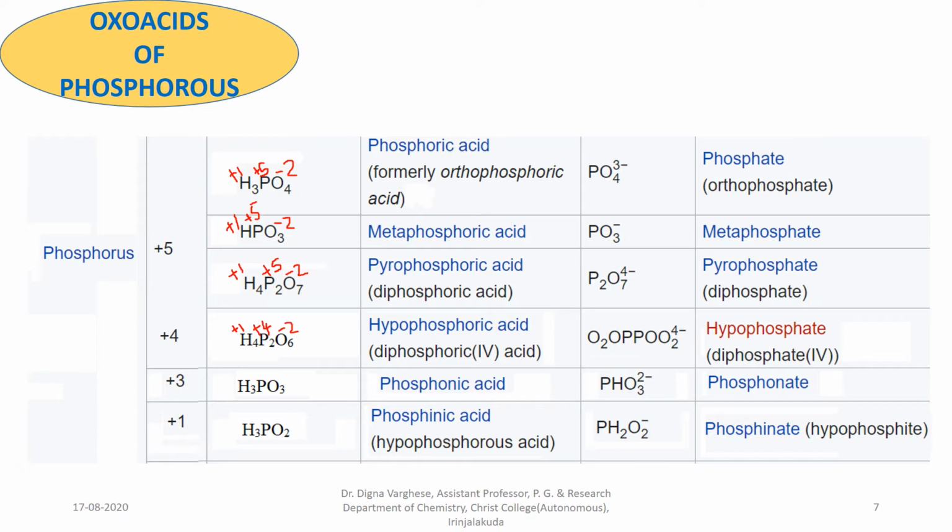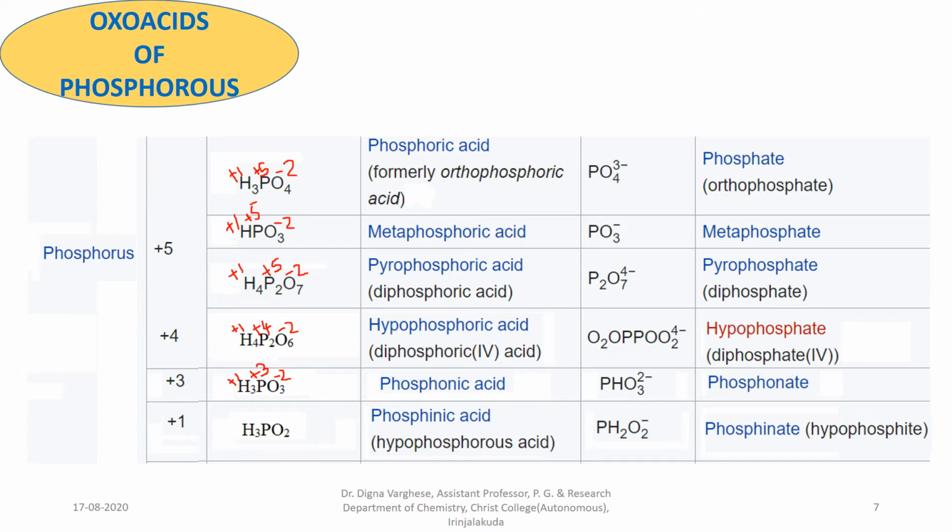Another important oxoacid is phosphorous acid, H3PO3. In this, -2 is the oxidation state of oxygen and +1 is the oxidation state of hydrogen. Therefore -6 plus 3, so +3 is the oxidation state of phosphorus.